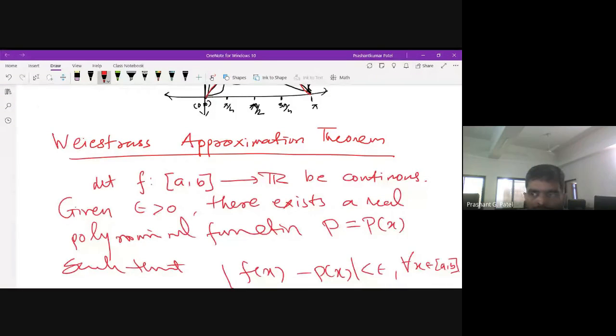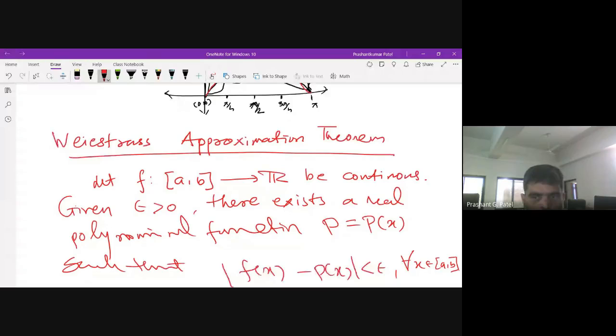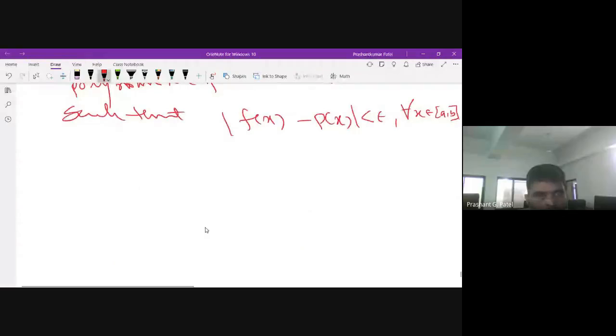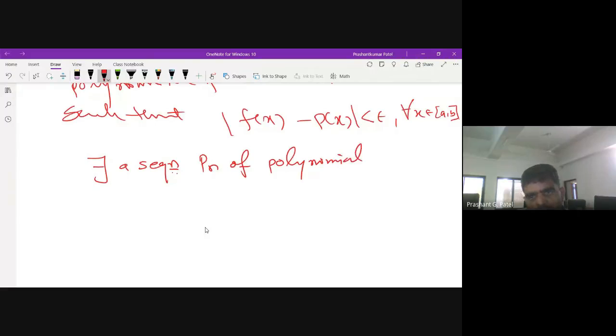In particular, there is a sequence of polynomials Pn, or I can say there exists a sequence Pn of polynomials such that Pn will converge to f uniformly on [a, b].